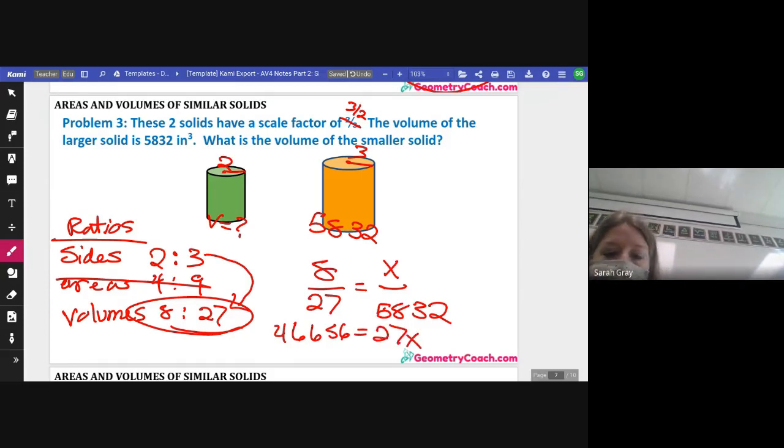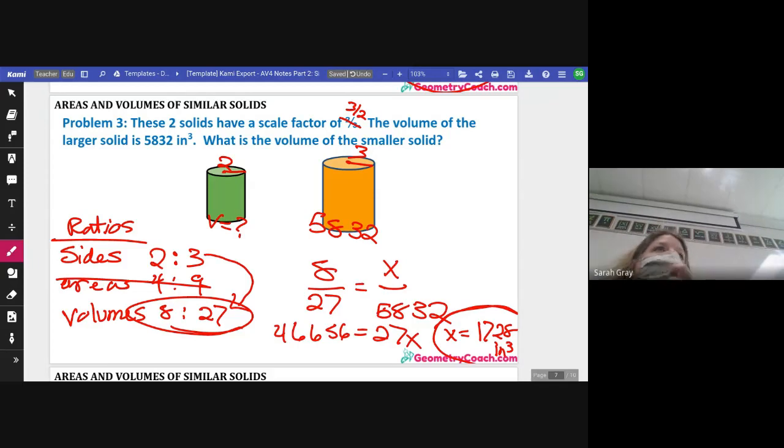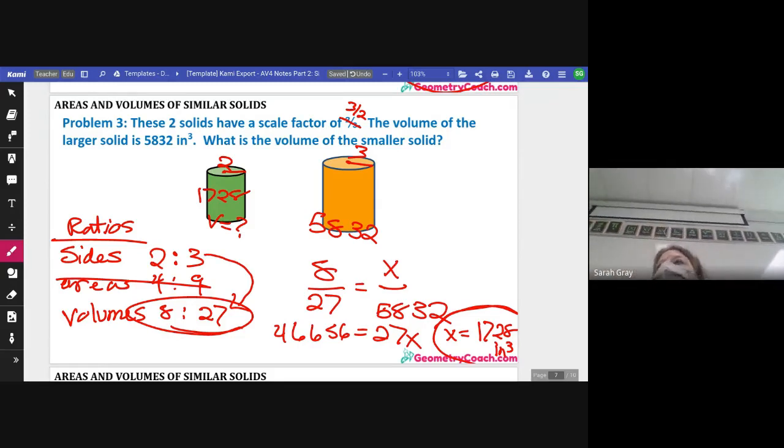And then we divide that by 27 and we get x equals 1,728 cubic inches. It's a big number, but it makes sense with the picture. It's smaller than the orange one, and it should have been smaller than the orange one. Okay. Questions on this one?